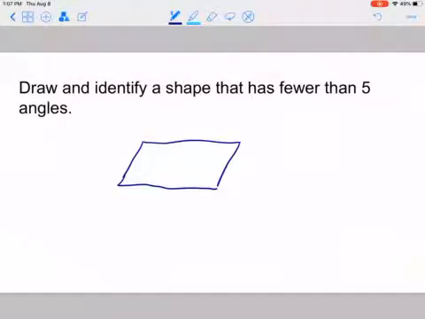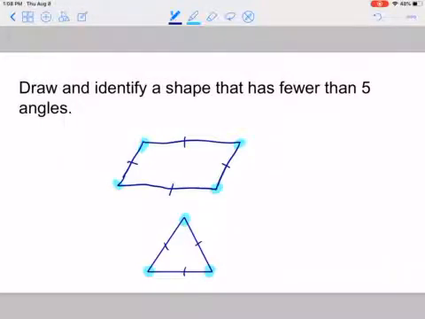Or you could draw a quadrilateral, because there are 1, 2, 3, 4 sides, so there are 1, 2, 3, 4 angles. My only problem there, I need to make sure those are connected. And then on my triangle, I have 1, 2, 3 angles, which means I have 3 sides.